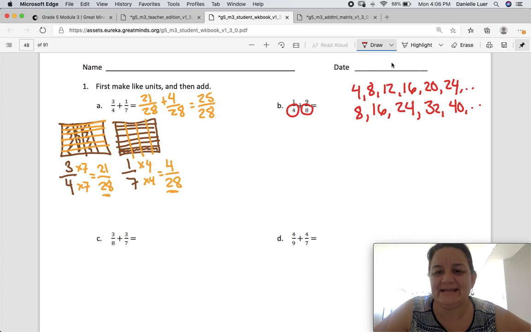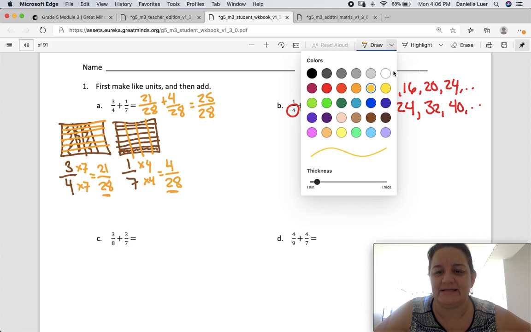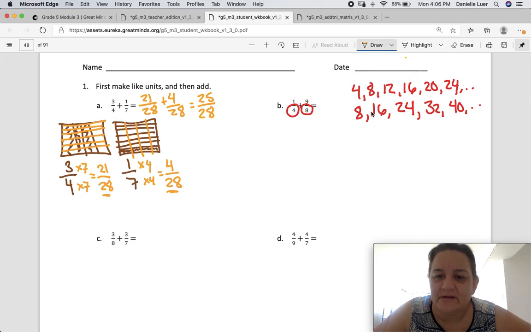And I see some things that are equal. I see 8 and 8 there, 16 and 16 here, and 24 and 24 here. If I multiplied 8 times 4, I would get 32.